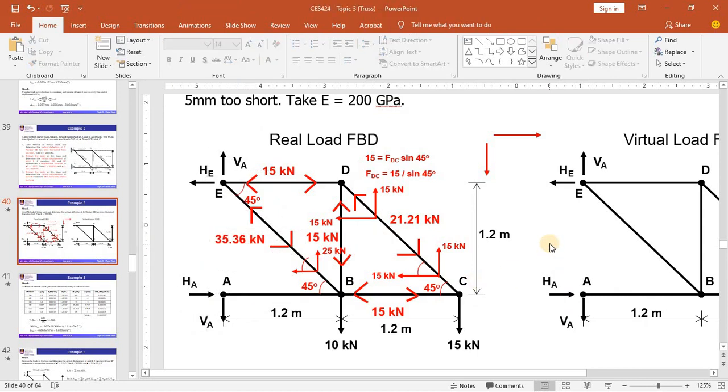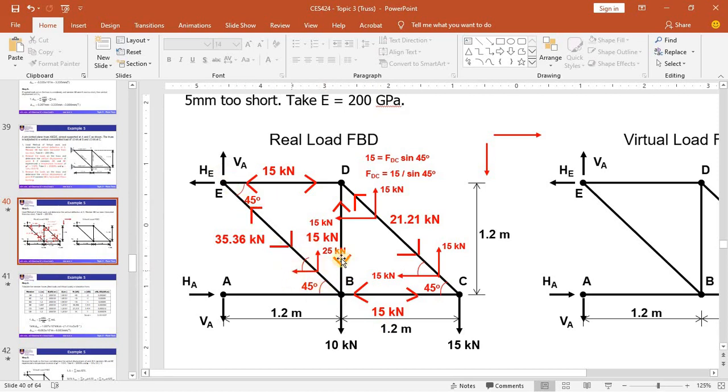Okay, let's look at the horizontal direction. We have checked the vertical direction and it satisfies the equilibrium equation, so we have solved the internal force in member EB. In the horizontal direction, we check the forces acting at joint B. We have 15 kilonewtons from member CB to the left, and the horizontal component from this member.